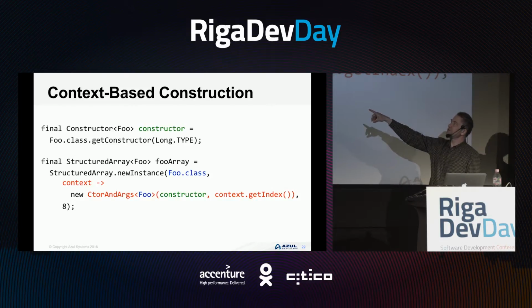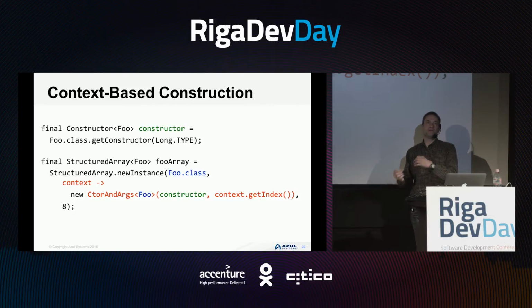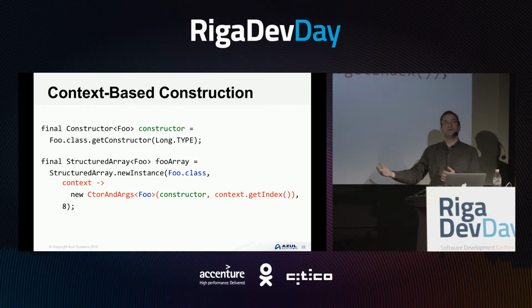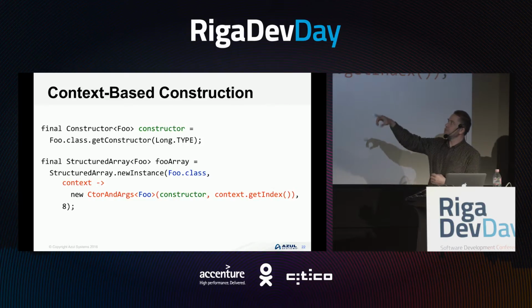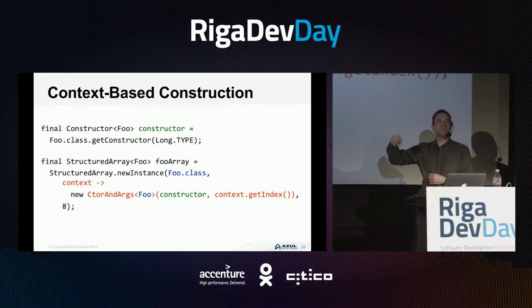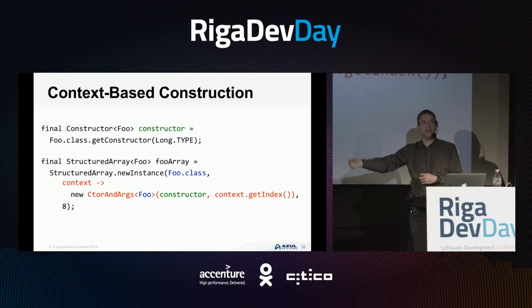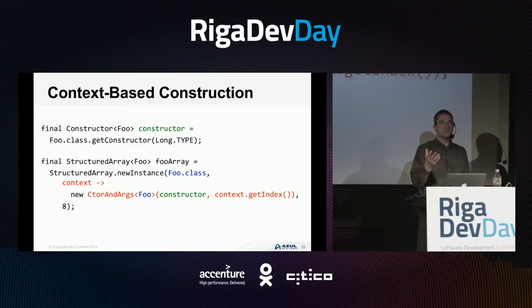We pass in the reference to the constructor so that we know what object we're going to be constructing and how to construct it. The context.index gives us the index number. So when we create 8 objects for this, each one will have the index passed as a parameter to its constructor when it's constructed. So you'll end up with 8 objects from 0 to 8 with stored values. So that solves that problem very nicely.